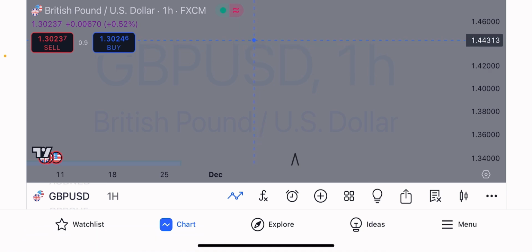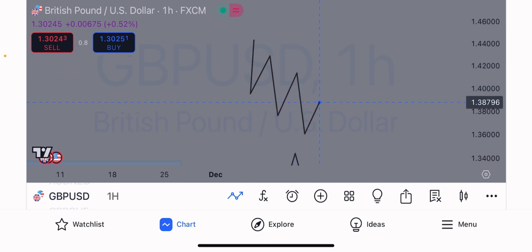You have this lower high, lower low, lower high, lower low, lower high, lower low, lower high, lower low, and this, right? Then you want to mark out your bearish trend line, indicating that the market has been bearish.